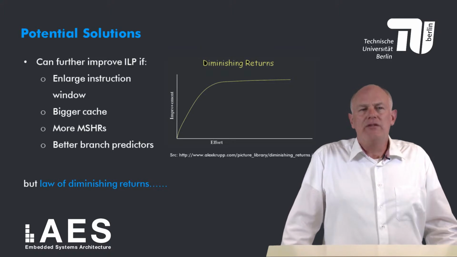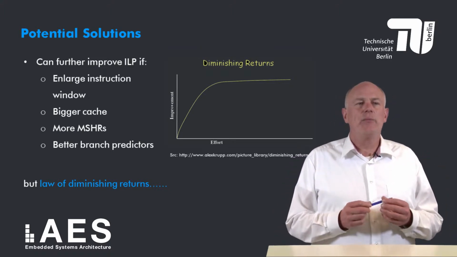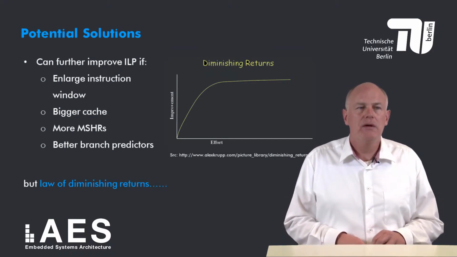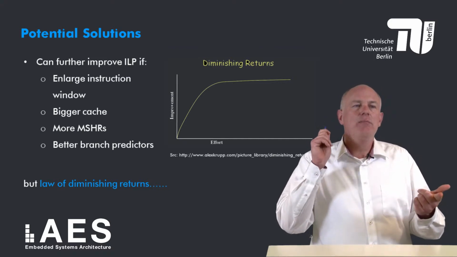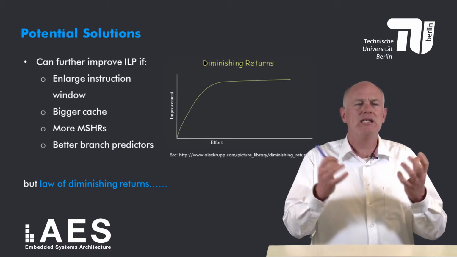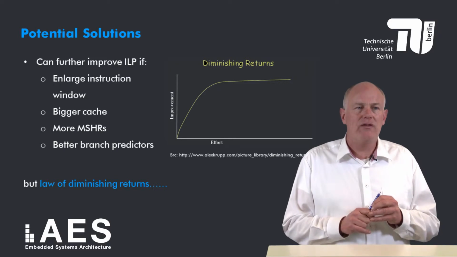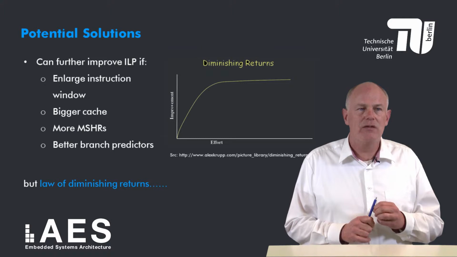Here's another motivation. What is the next step on ILP? How can we exploit more ILP? Can we build bigger caches? Can we make the instruction window size larger to find the ILP present in the application? Can we use more miss status holding registers, or do we continue to develop better branch predictors?